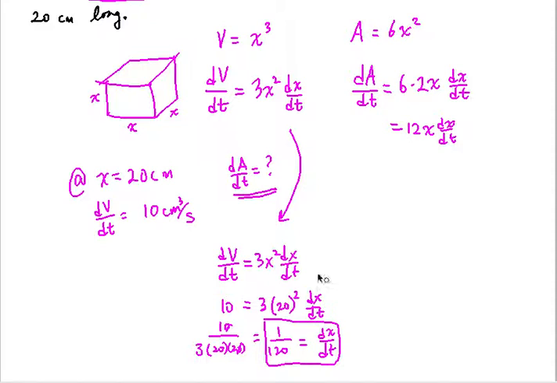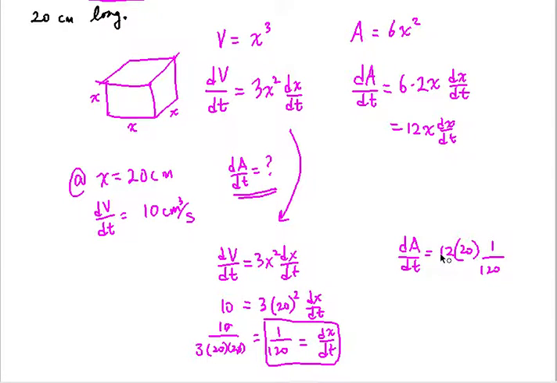This is now going to help me find dA/dt. Since I have this, I'm going to plug it back into my dA/dt formula. I have 12 times x, which was 20, and dx/dt, which at this instant of time is 1 over 120.